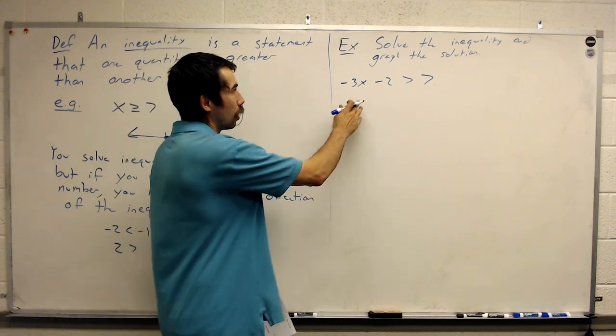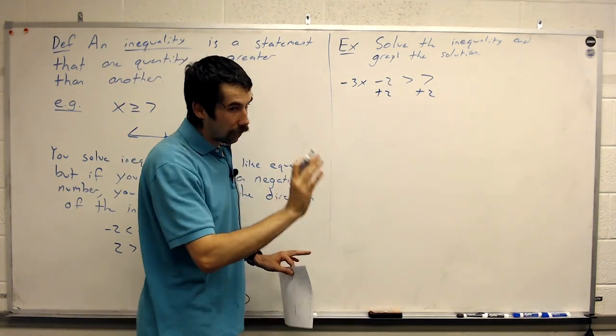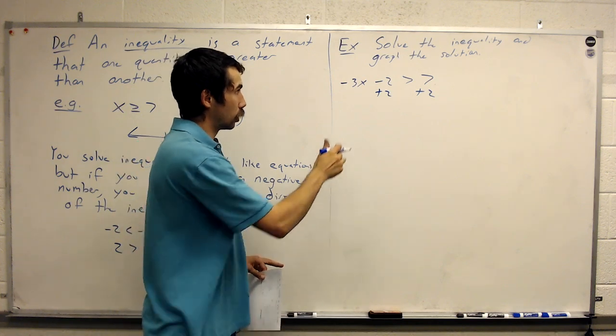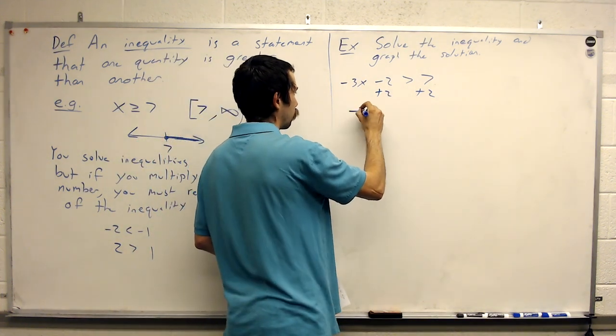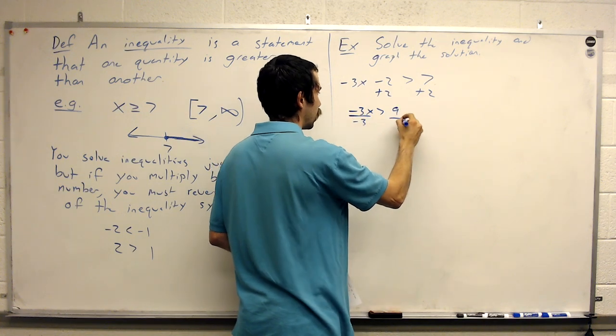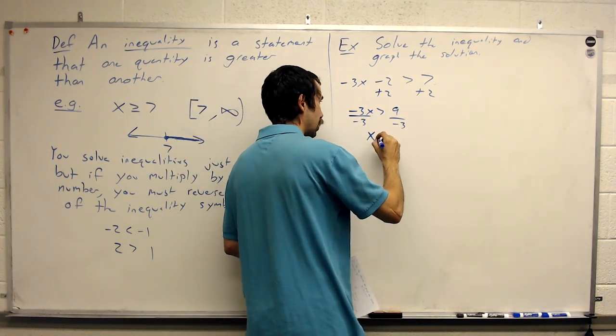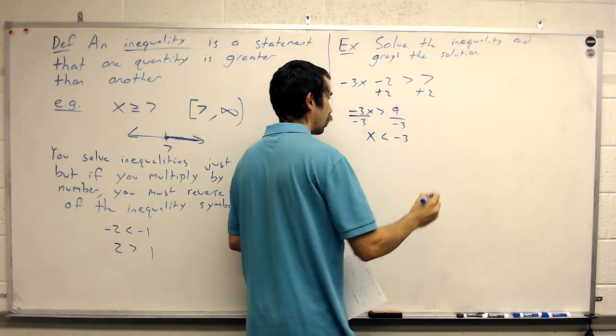All right, and so let's add 2 to both sides. Adding, we don't have to change any of the symbols. We don't have to change the inequality at all. So we have negative 3x is greater than 9. And now let's divide by negative 3. So that means we have to flip the inequality. This gives us x is less than negative 3.